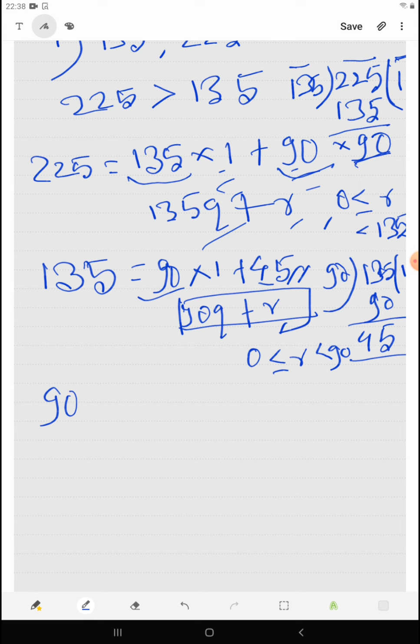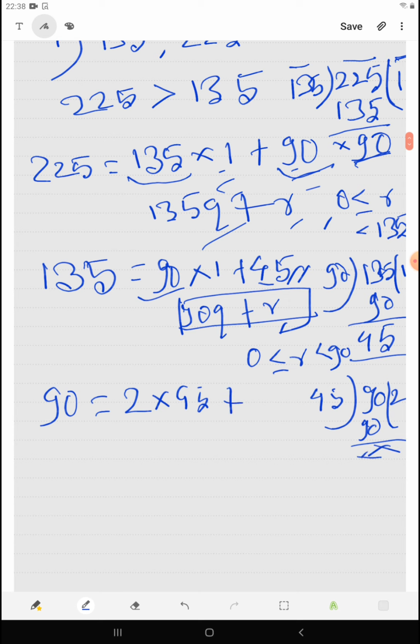So 90 we have to represent in the form of 45. So 90 we know is 2 into 45. Let's do it over here. I'll show you. 45, 90, 45 2 times 90. So we got remainder as 0 over here. So it is 45q plus r.